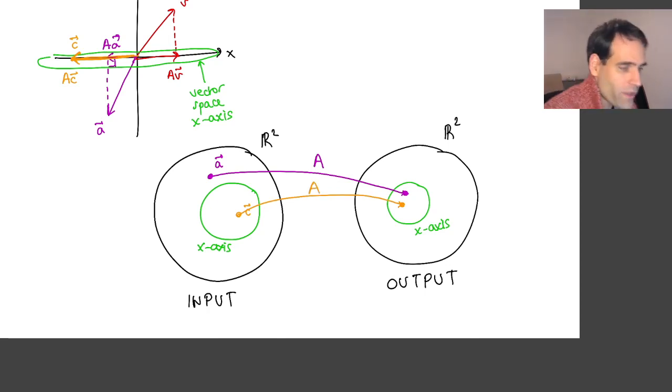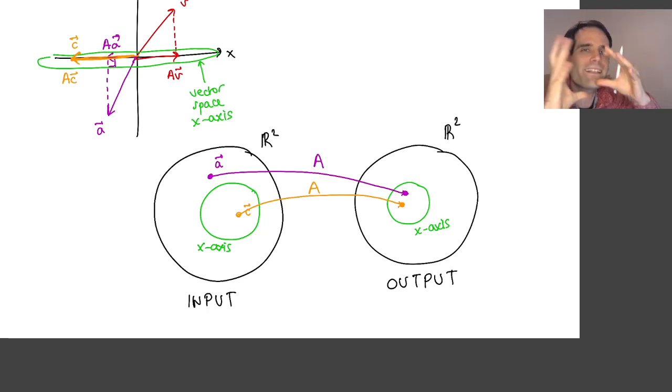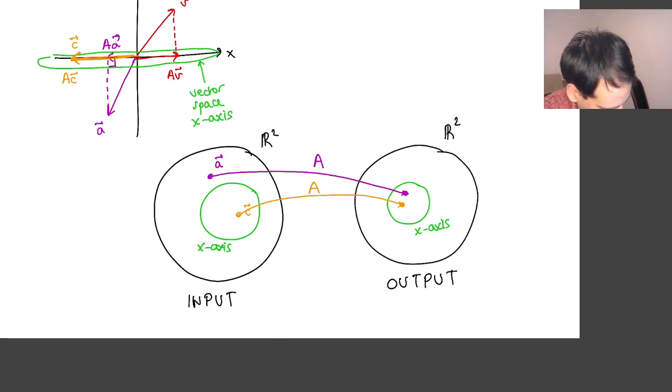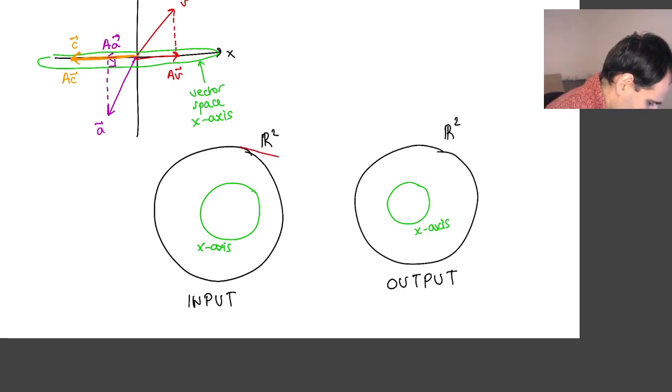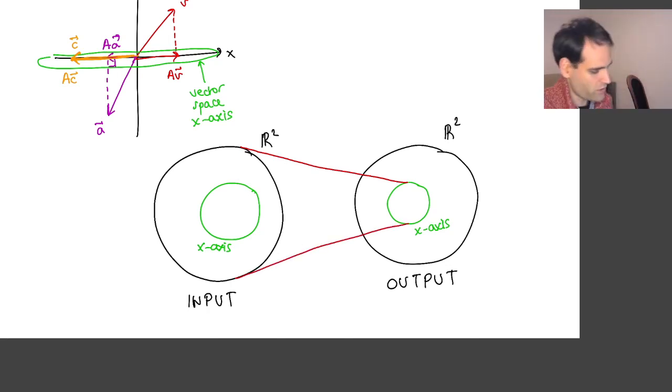And actually, a way we can show how this transformation is acting on all the vectors at the same time is we can draw the following. Let me remove this. So we could say that this transformation A is getting the entire R squared vector space, and it is projecting it or changing it into the x-axis.